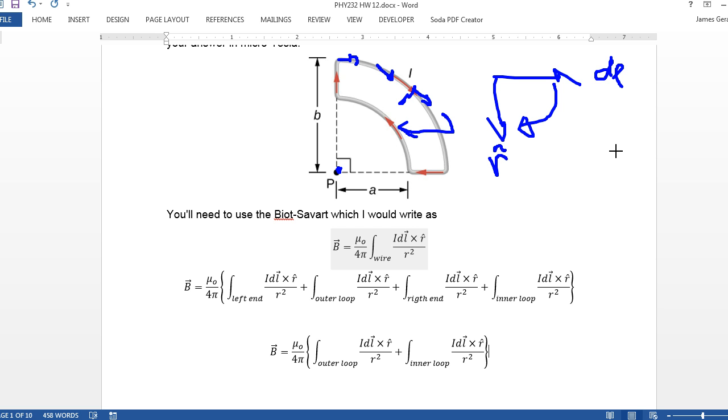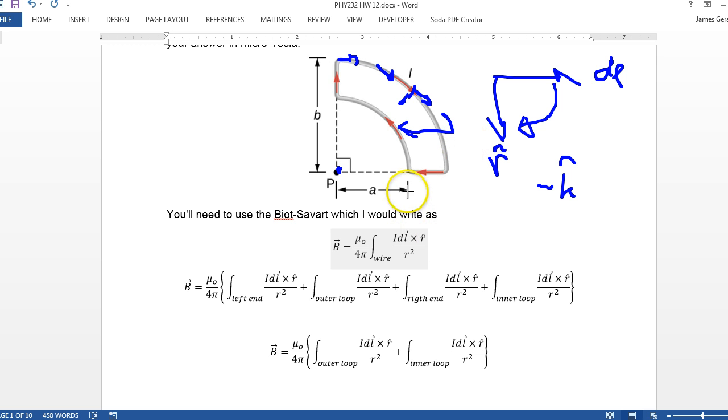Your middle finger points in the direction of the cross product, which in this case is into the screen, the minus k hat direction. So in the outer loop, dl cross r hat is going to be dl times minus k hat, or minus dl k hat.